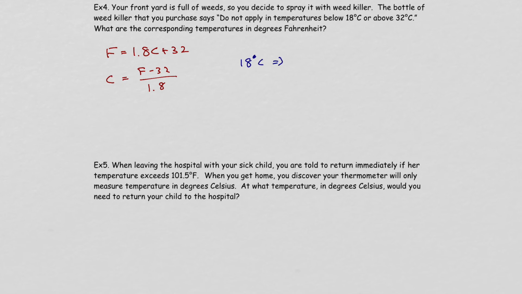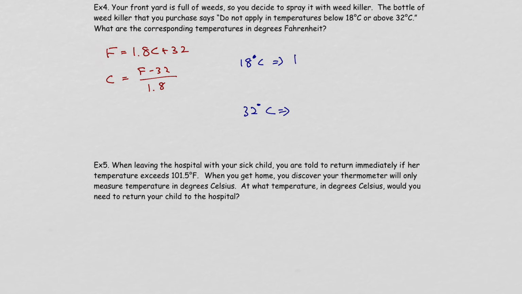Let's see if we can convert that into Fahrenheit. And we also have 32 degrees Celsius that you need to convert into Fahrenheit. Since Celsius is given, you're going to use this formula to find the Fahrenheit.